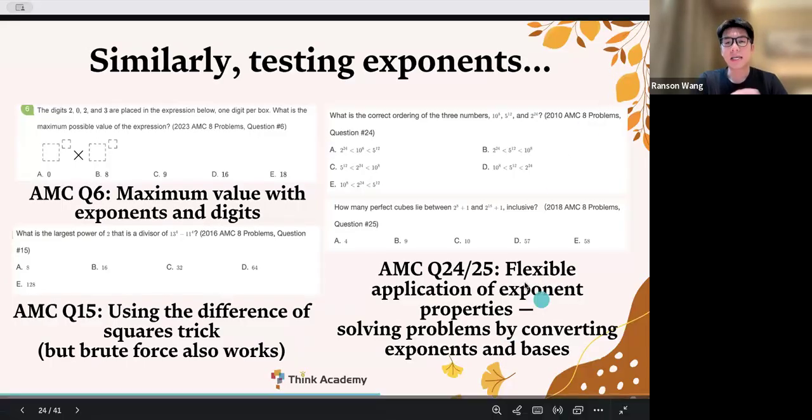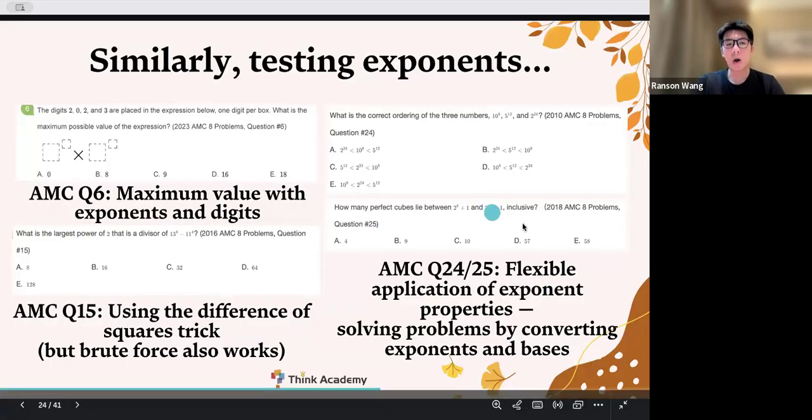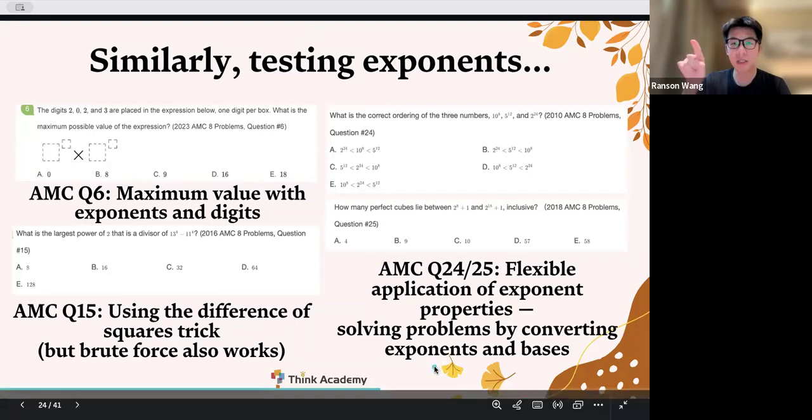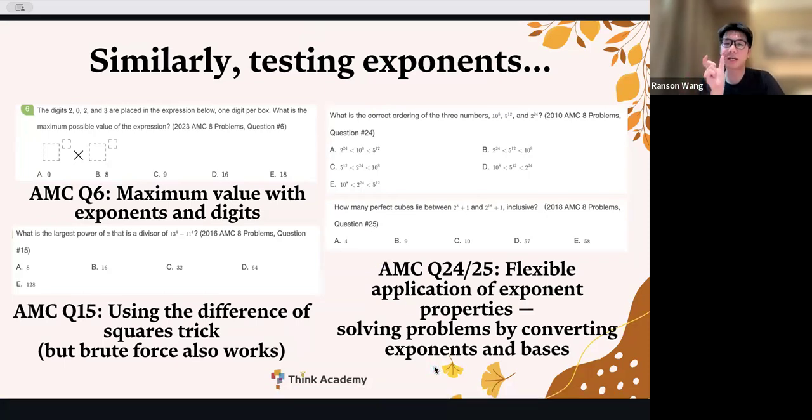So here I'm showing you how the same topic is actually tested in different ways so that they have different difficulty levels. As you can see here, we're all talking about exponents. If it's the first 10 questions, it's just talking about the maximum value with the exponents and digits.